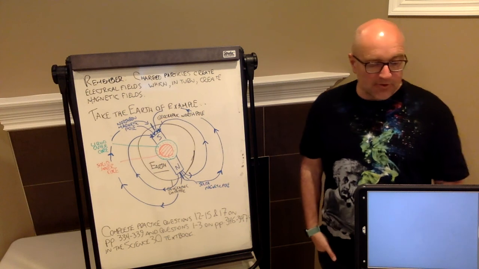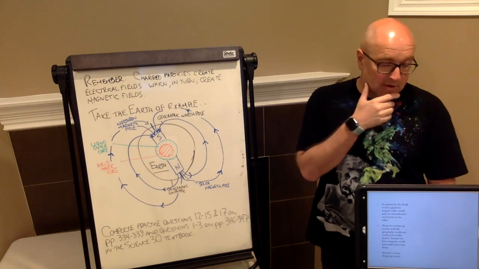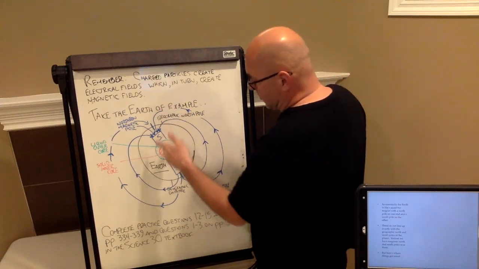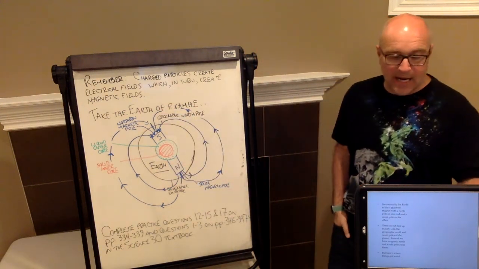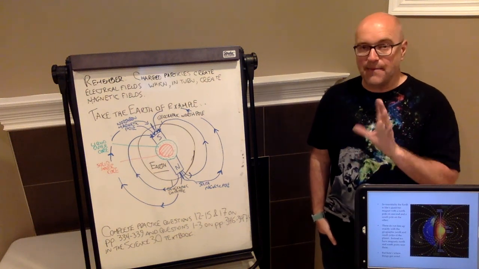So, how does it work? Well, this is where it gets a little confusing. First of all, the geographic North Pole and the geographic South Pole do not line up directly with the magnetic North and South Pole, like I mentioned.